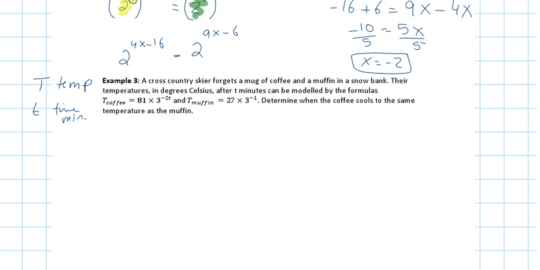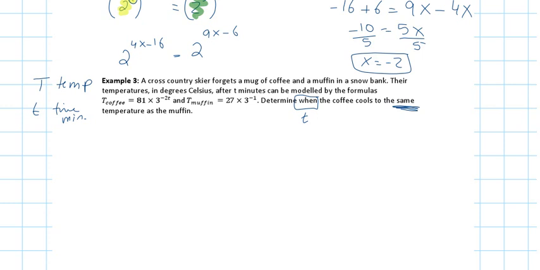So what do we have here? Temperature for the coffee, and temperature for the muffin. I'm looking at determine when. Determine when means what am I solving for? Time. Determine when the coffee cools to the same temperature as the muffin. What does that mean?